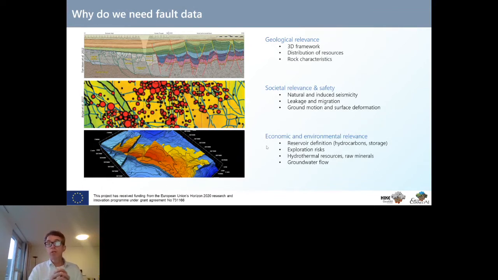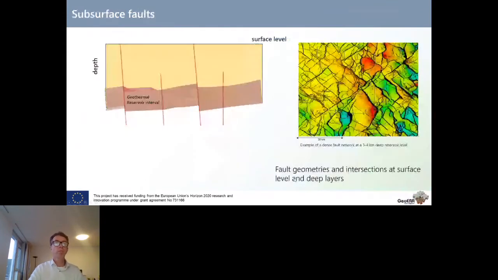And last but not least, they have economic relevance, among others, because they delineate hydrocarbon reservoirs or potential storage reservoirs for CO2 and energy, but they also are important to understand exploration risks, as Gerald explained. They represent hydrothermal resources and raw materials resources, and also they influence groundwater flow.